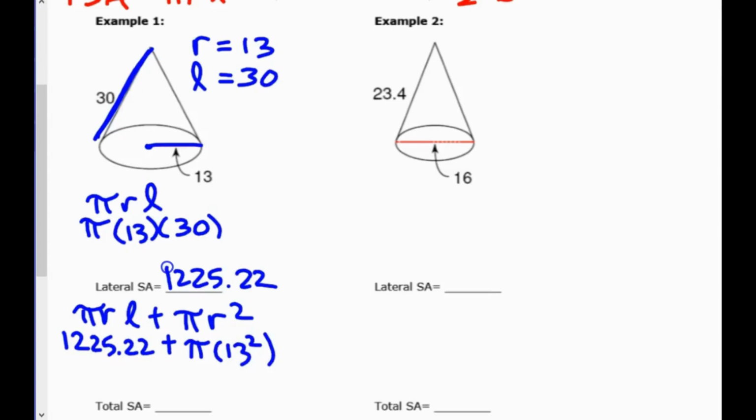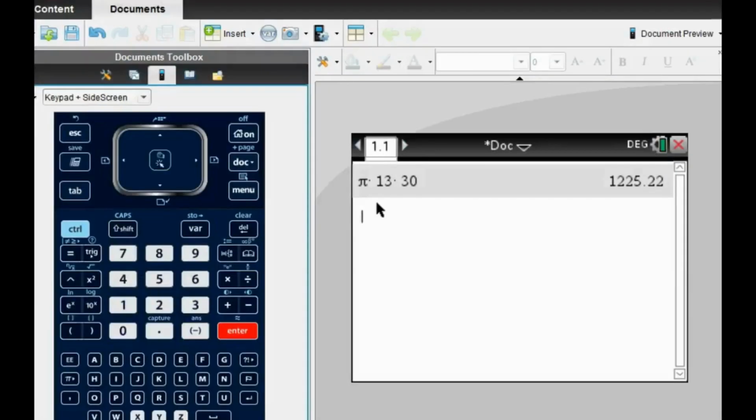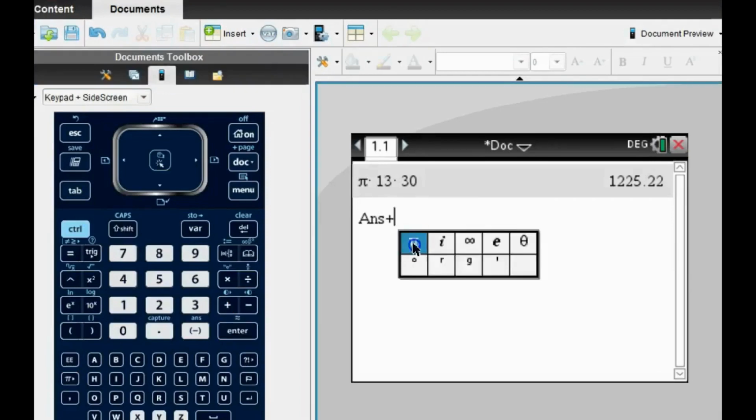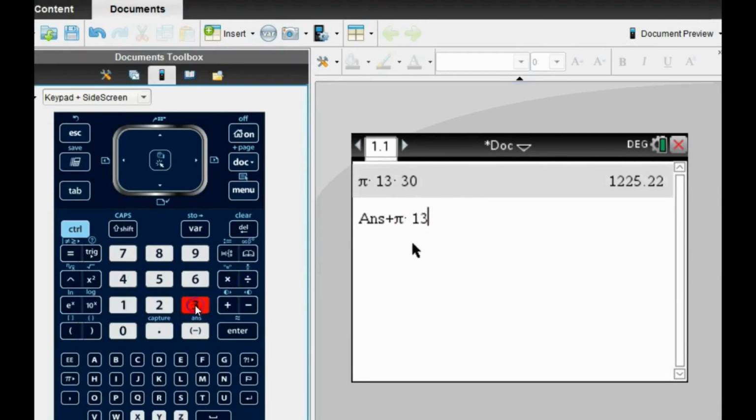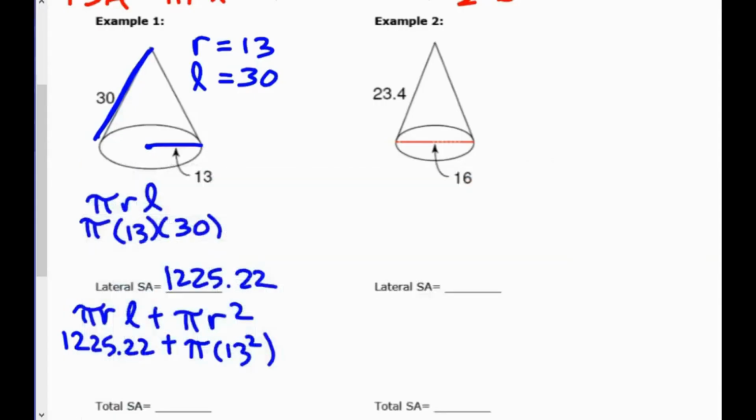So I'm going to take that plus pi times 13 squared. And I get 1,756.15 units squared. Okay?